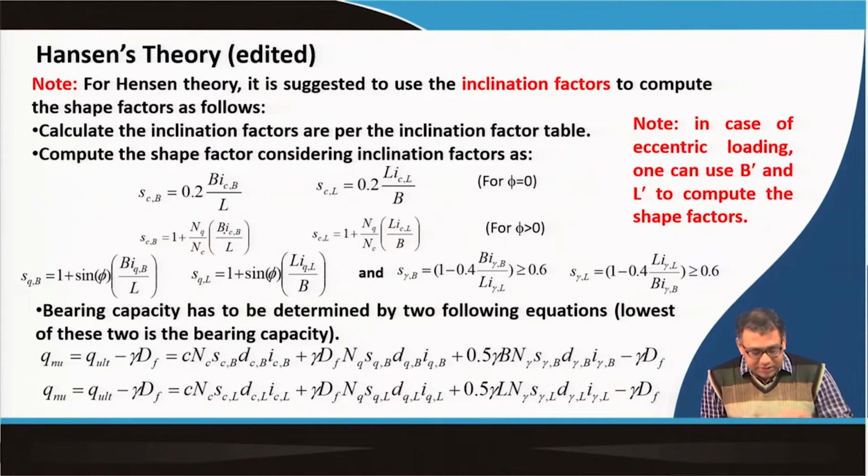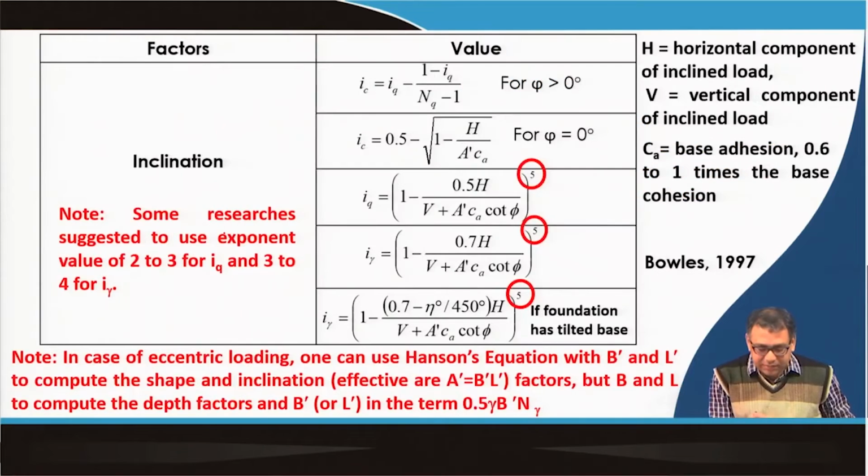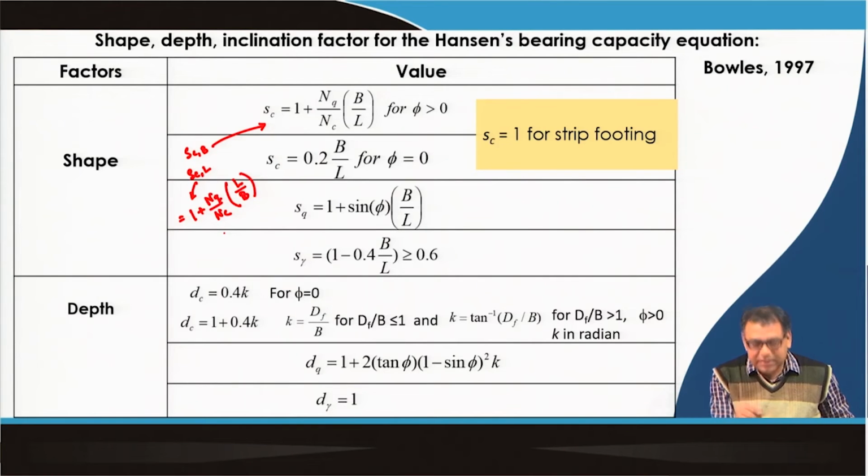Initially, the shape factor table can be used only if loading is perfectly vertical. You cannot use this table to calculate the shape factor if loading is inclined or a horizontal load is present, as per Hansen. In such a case, we have to modify that.